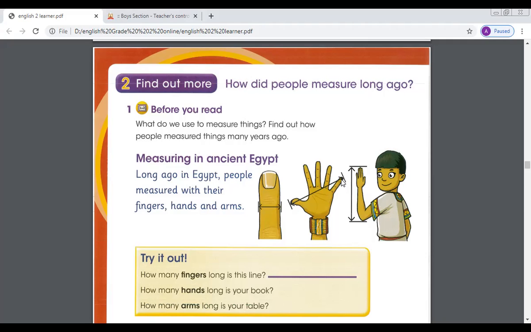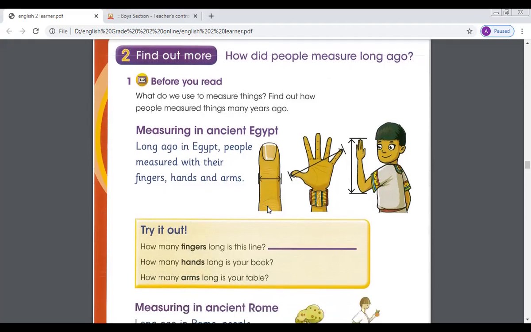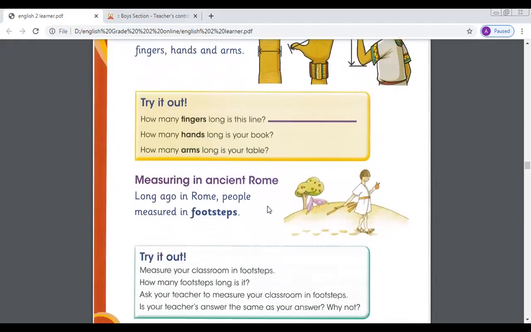And here we open our hand from the tip of the small finger up to the tip of the thumb. And here, the width of the thumb. These are three methods. And after this, here, footsteps.